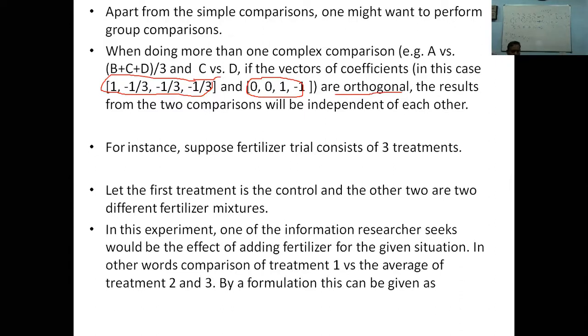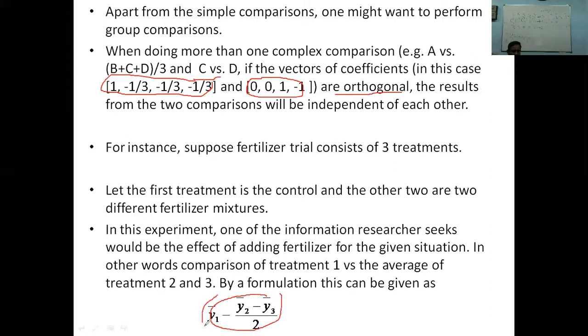In other words, comparison of treatment 1 versus the average of treatments 2 and 3. So 1 has no fertilizer, 2 and 3 have different fertilizer mixtures, and we want to compare 1 versus 2 and 3.